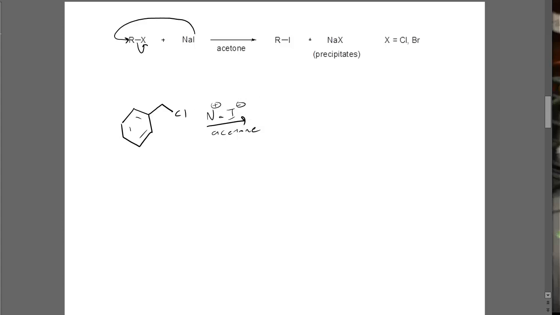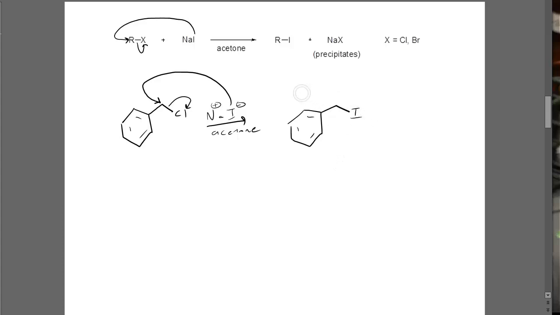So we have our nucleophile, our sodium iodide. We're going to do a backside attack on that, attack that carbon there, kick off our chlorine, and then our product. So the major product of this reaction is now going to be that.